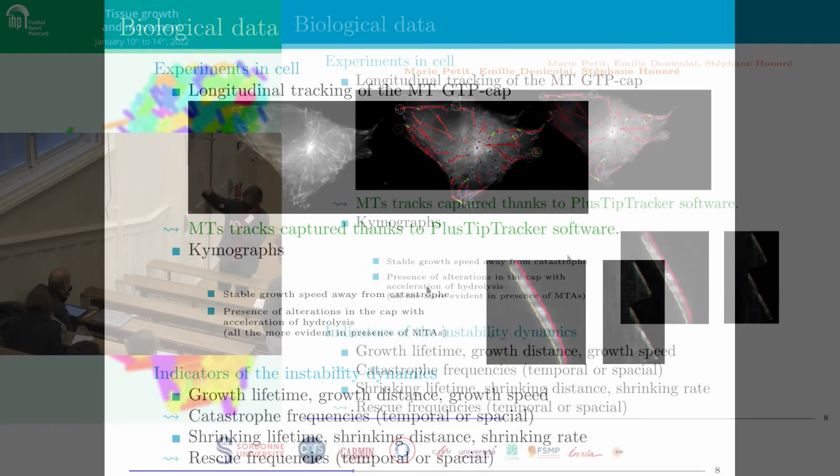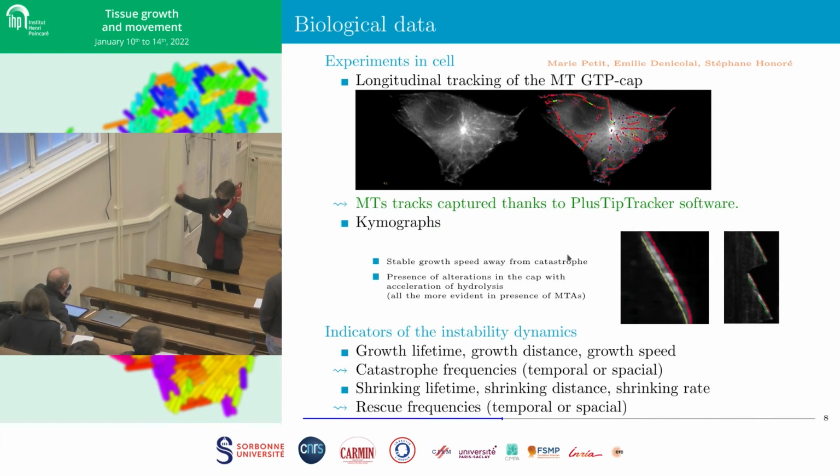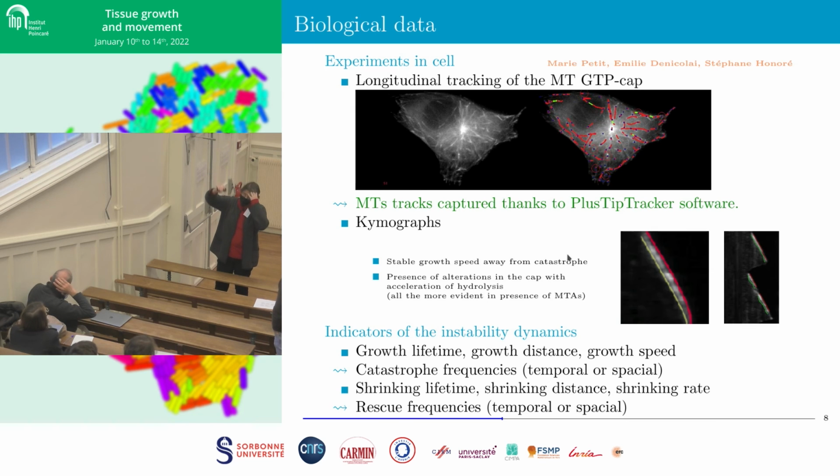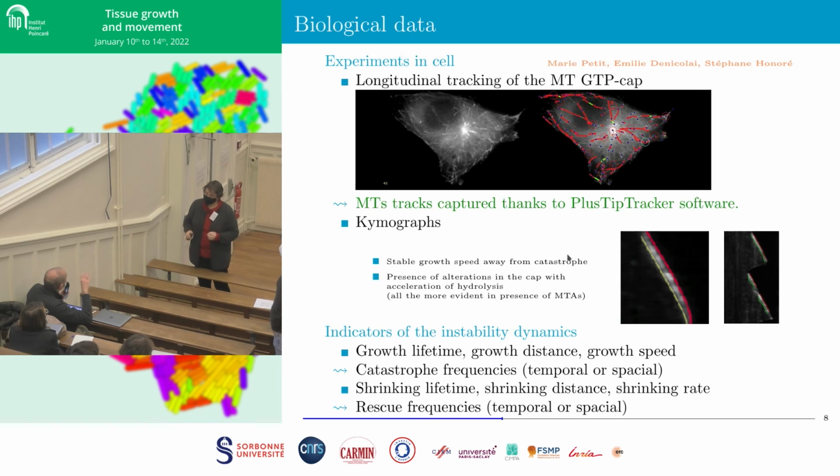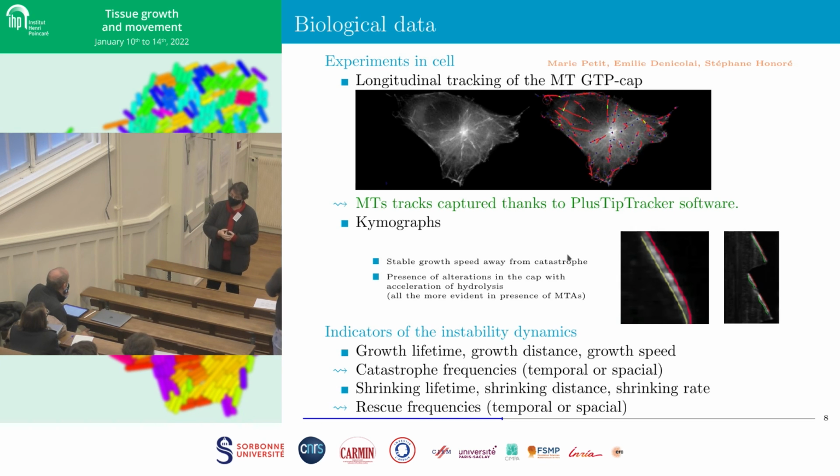Then you find the microtubule again when you have a rescue, when the microtubule polymerizes again. The fluorescence is only able to mark the GTP. So when it disappears, you have a catastrophe. But it doesn't seem to disappear at once. It seems to fade out, so it doesn't seem to be that discontinuous.